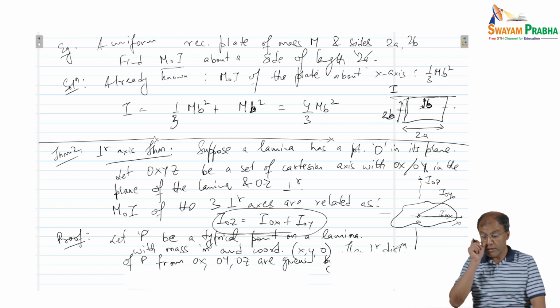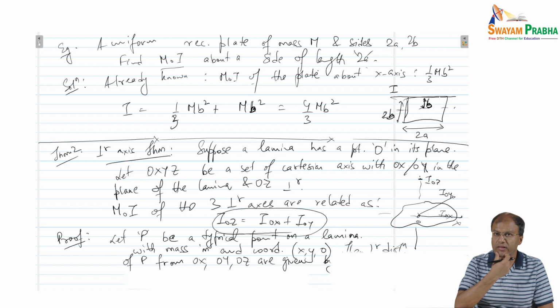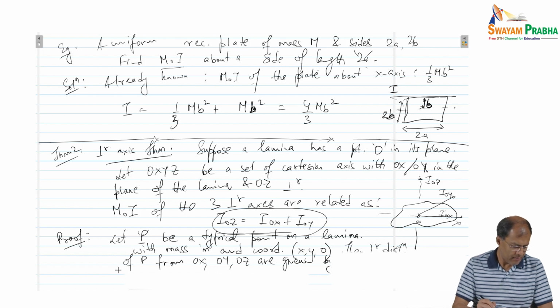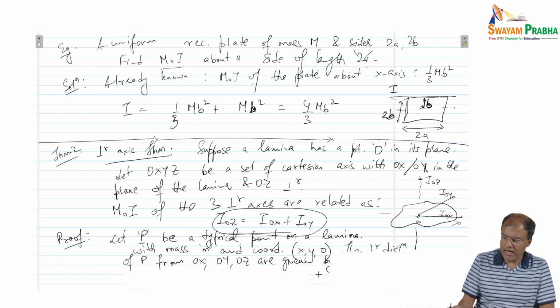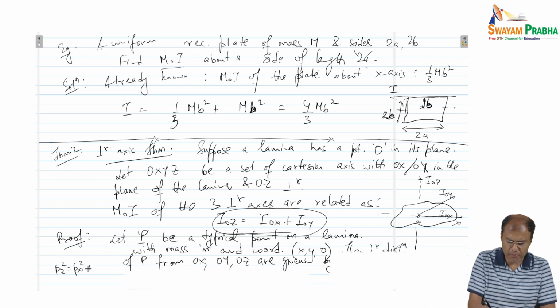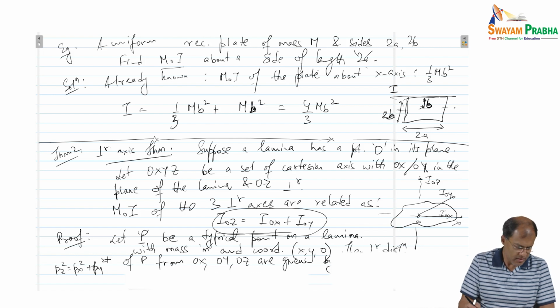Okay, so these are the distances of this sample point on the lamina, right? So then we can clearly see that Pz square is equal to Px square plus Py square, right?